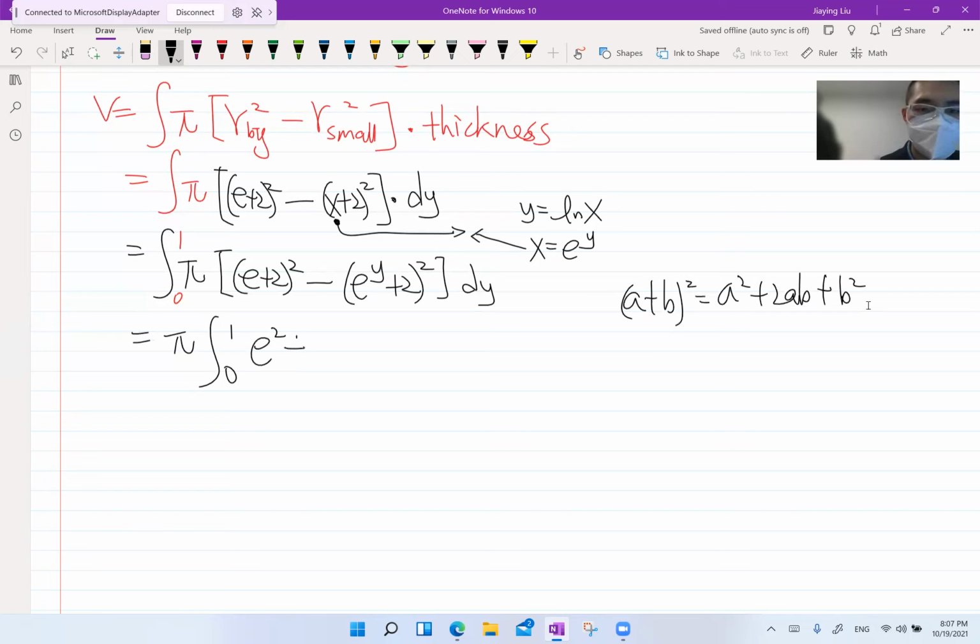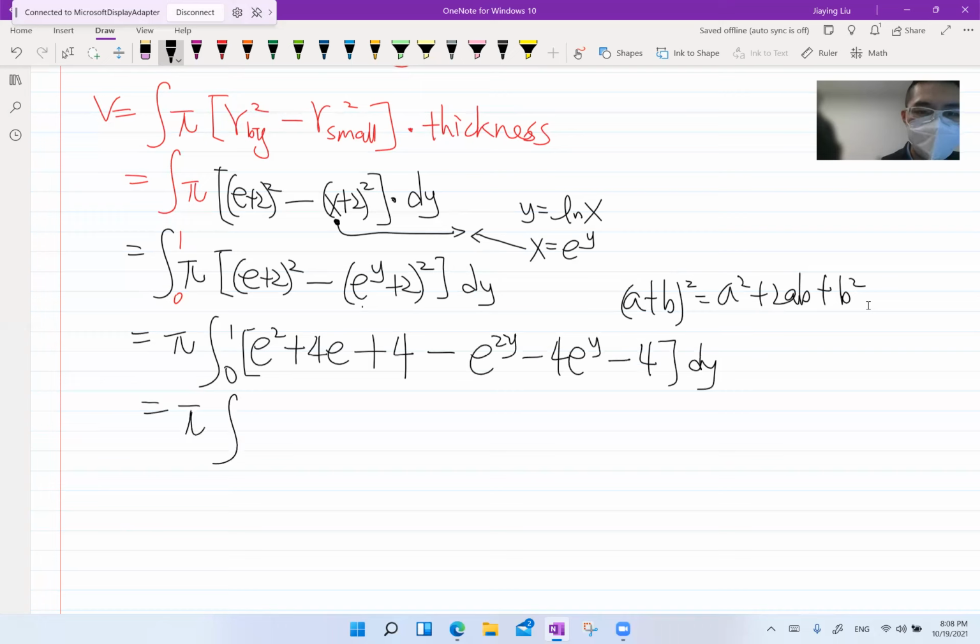So we have e squared plus 2 times e times 2, that's 4e, plus 2 squared, which is 4, minus the next part, e to the y squared, that's e to the 2y. And then 2 times e to the y times 2, that's a plus 4 e to the y, but I'm subtracting it, so it's minus. And then minus 4, so the 4 and the negative 4 cancel, dy.